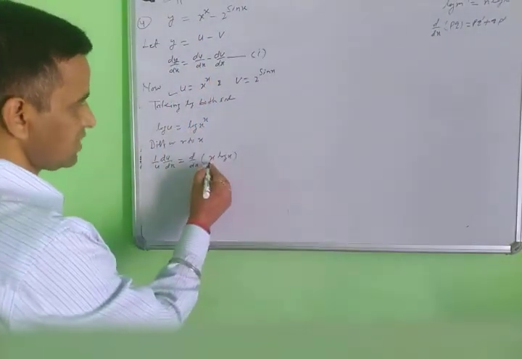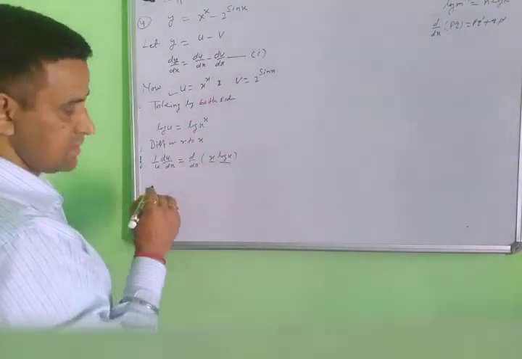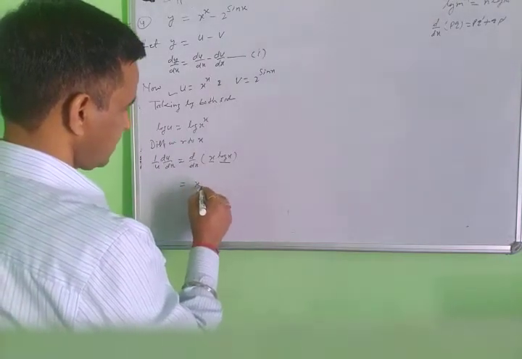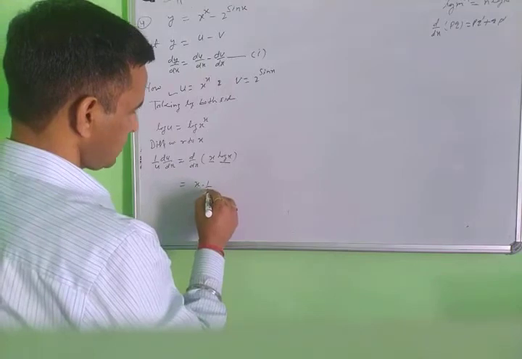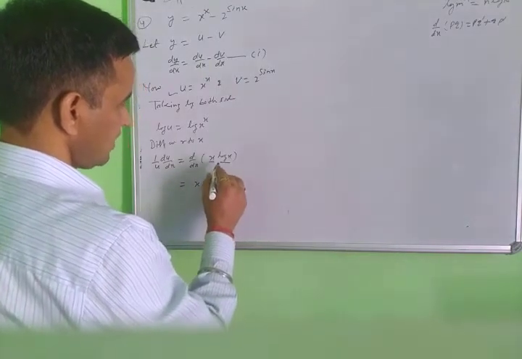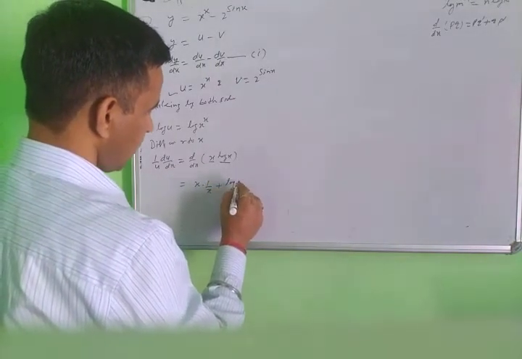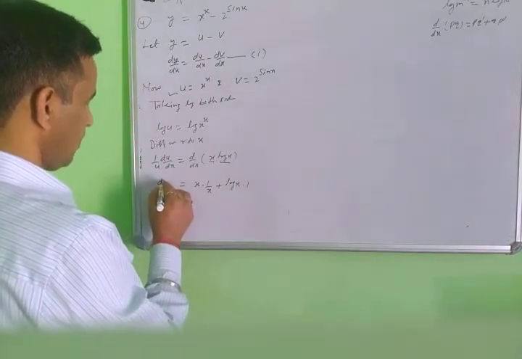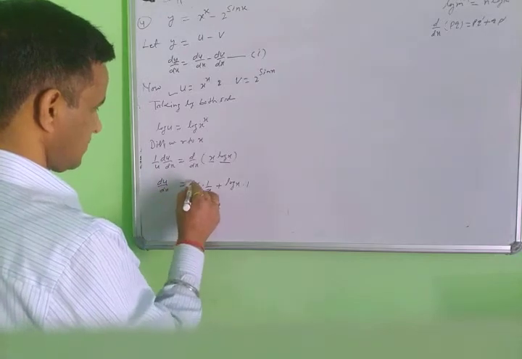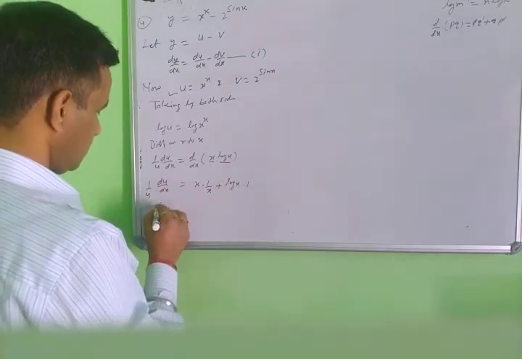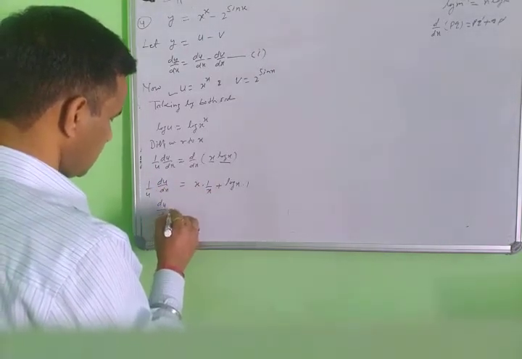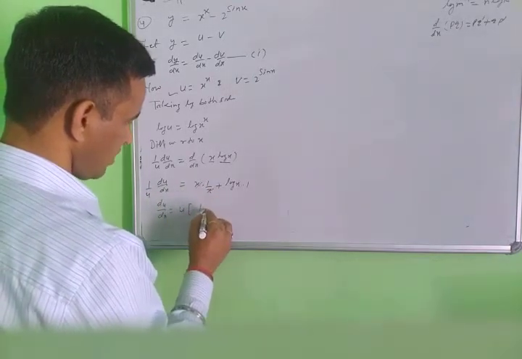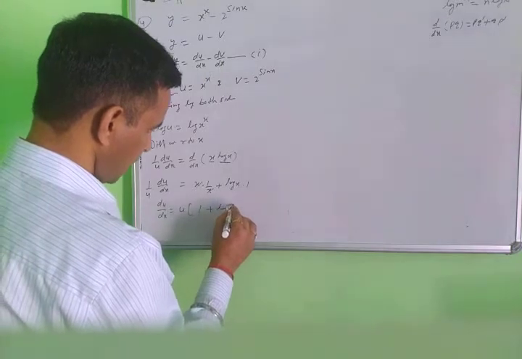The first function here is x, the second function is log x. So first function x, times the differentiation of the second function, 1 upon x, plus log x times the differentiation of the first function, which is 1. The 1 upon u du over dx equals 1 plus log x.